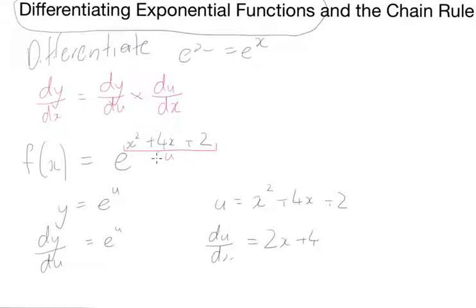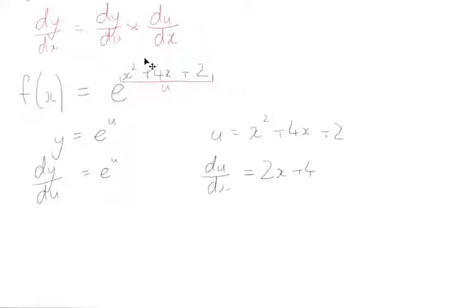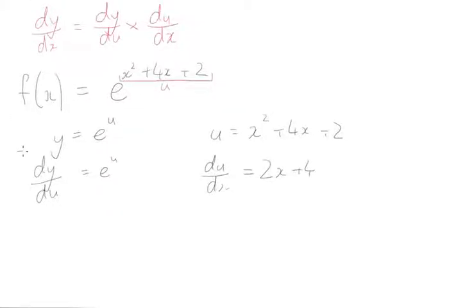And then putting these together using my chain rule, dy dx is equal to dy du, so e to the u, multiplied by du dx, so 2x plus 4.